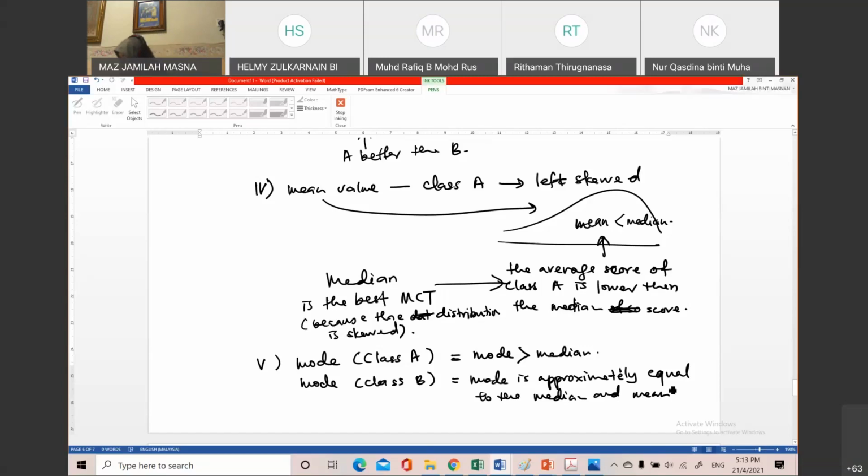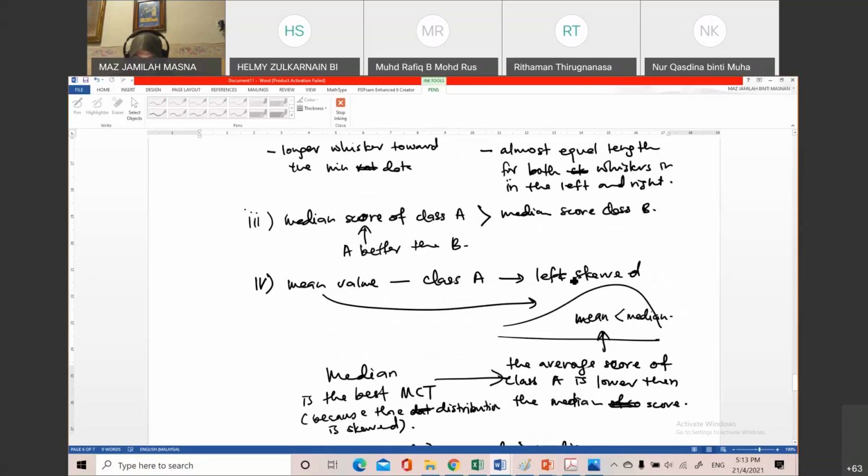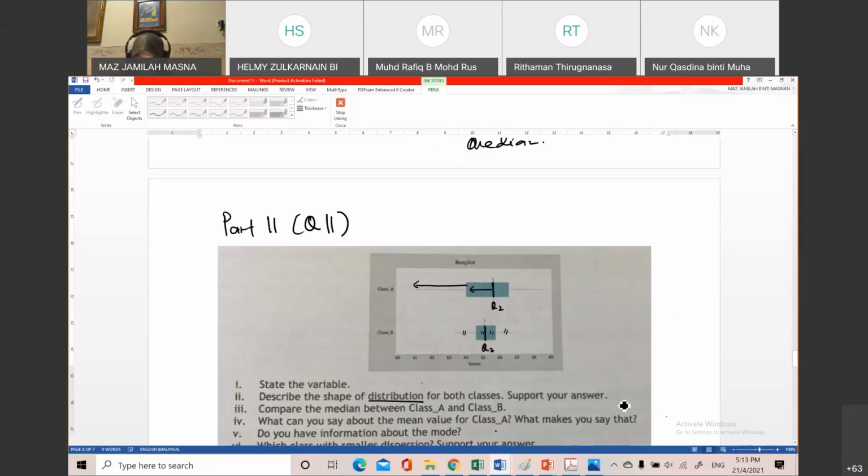Which class has smaller dispersion? A simple question. Class A or class B? Class B. Yes, class B has smaller dispersion.